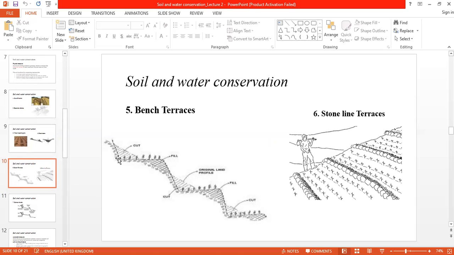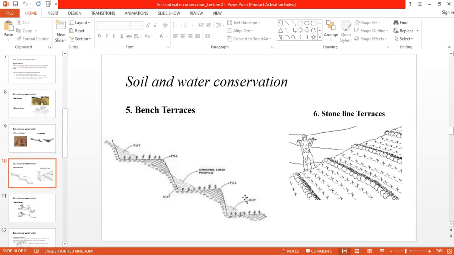In Malawi they do them a lot because Malawi is very hilly, so there's less land per se for agricultural production. Where you have steep slopes, they do make bench terraces. It's one way of reducing the speed at which water is flowing through the slope.